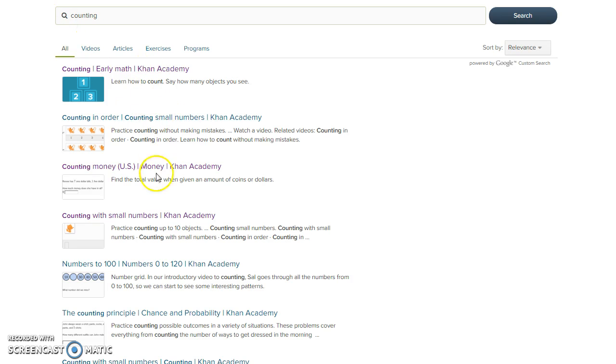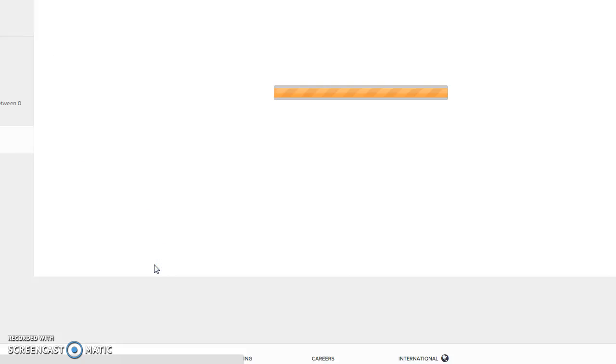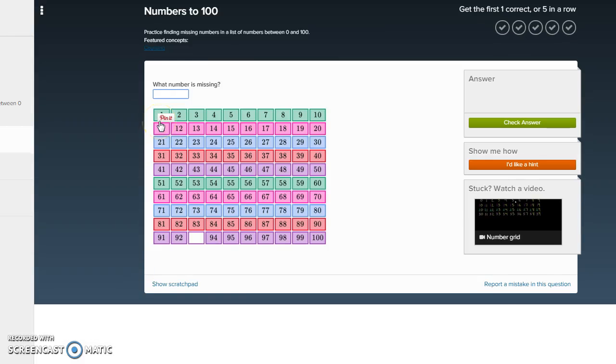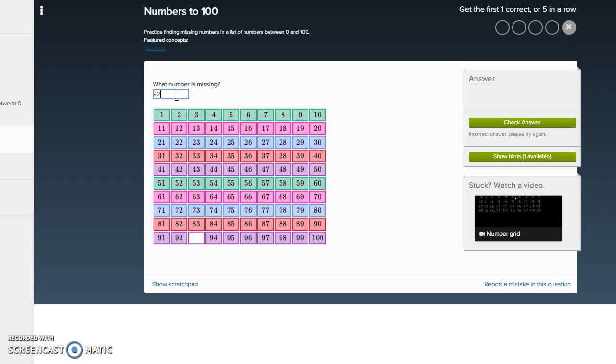I can also take a look at the list here and see that I can do some counting with money, counting with small numbers, and I can do counting to 100, numbers 0 to 120. I can spend some time practicing this as well. So now I can see what number is missing, what number goes here, and it is 93, but I'm going to say 92 just to give me some extra practice.